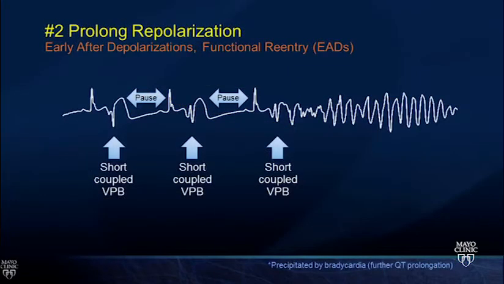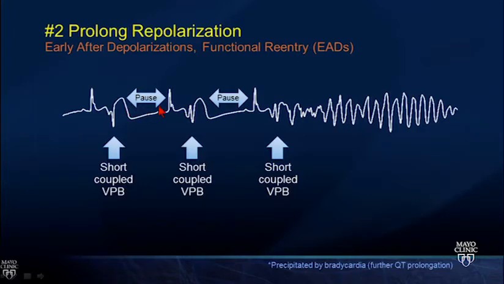Now, the second concept for proarrhythmia with potassium channel blockers is prolongation of your repolarization. In this tracing, you can see the first beat is a sinus beat. You have a QRS followed by a PVC. The PVC conducts retrogradely, resets the sinus node, so it causes a sinus pause.